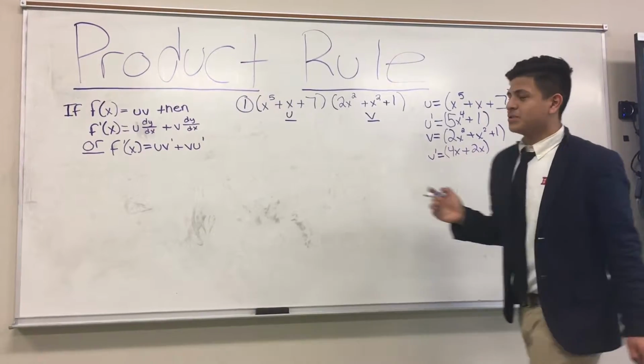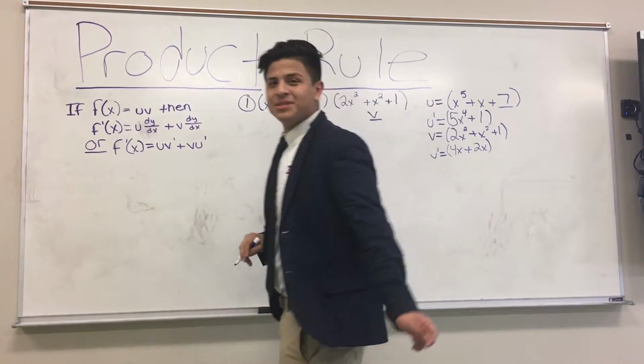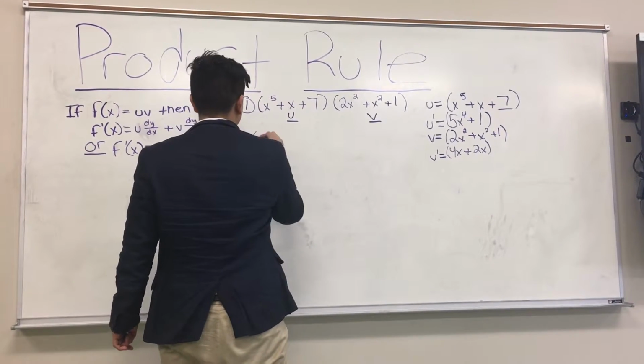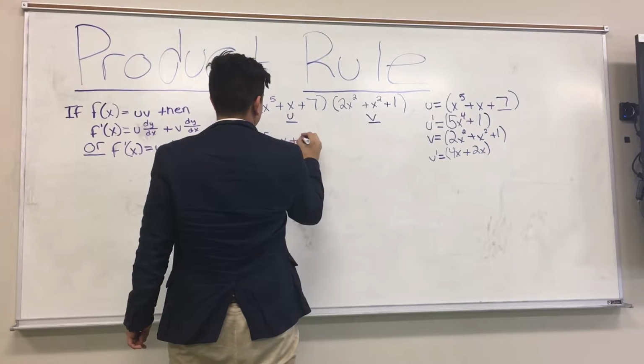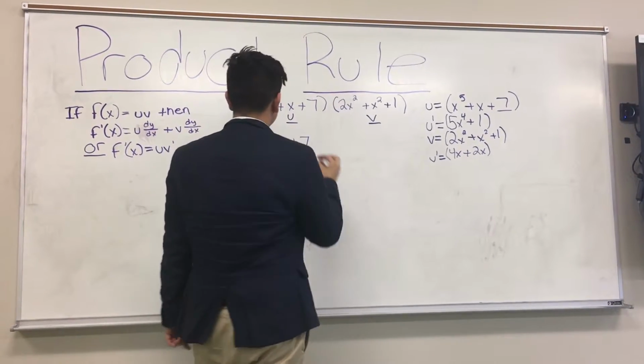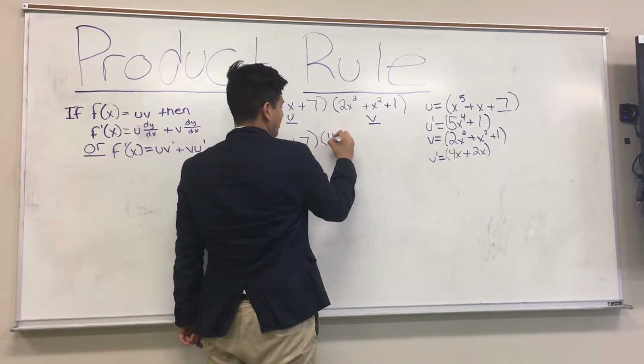Alright, so now we have to use this formula right here, the uv prime plus vu prime, so let's get to it. Alright, so the first thing you have to do is multiply u by v prime, so this is u, and then v prime makes it easier right here, so all we have to do is copy it.